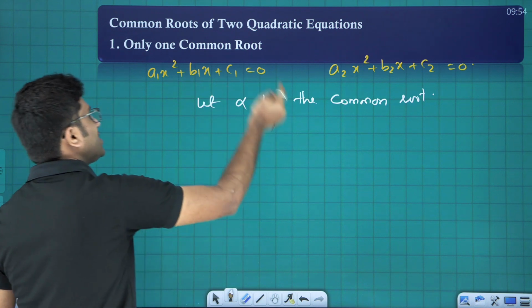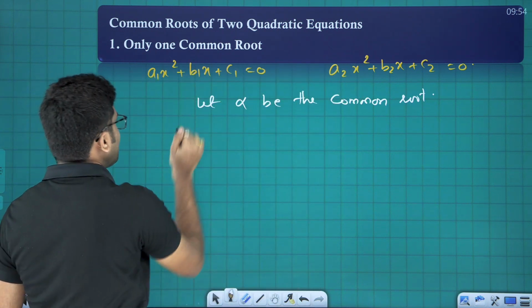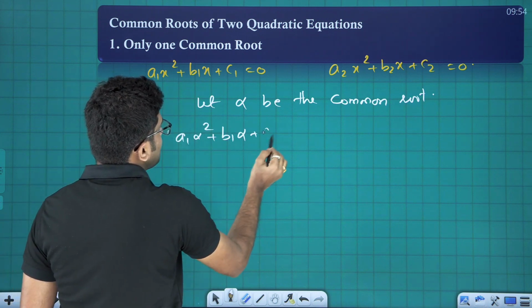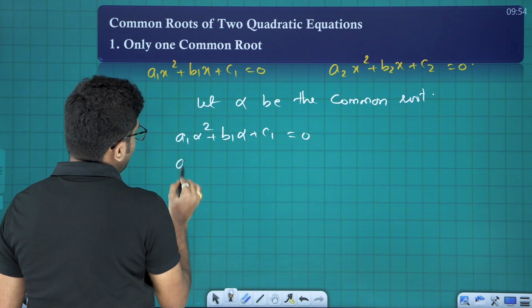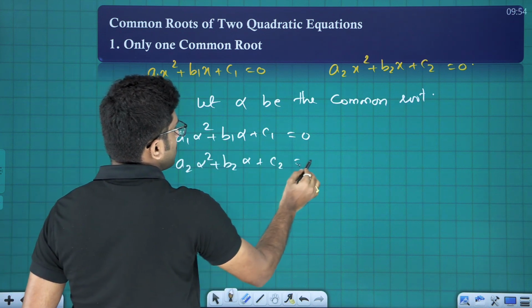Then alpha should satisfy this equation as well as this equation, correct? So if you put alpha in place of x, a1 alpha square plus b1 alpha plus c1 is equal to 0, and a2 alpha square plus b2 alpha plus c2 is equal to 0.